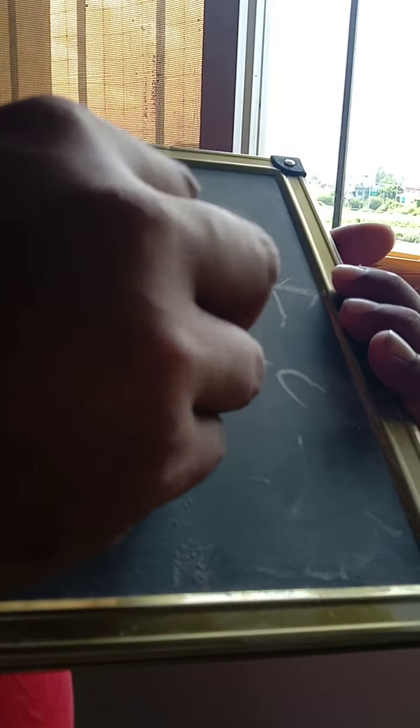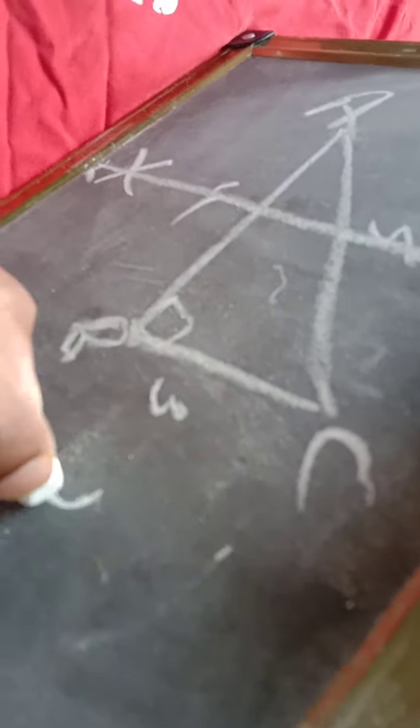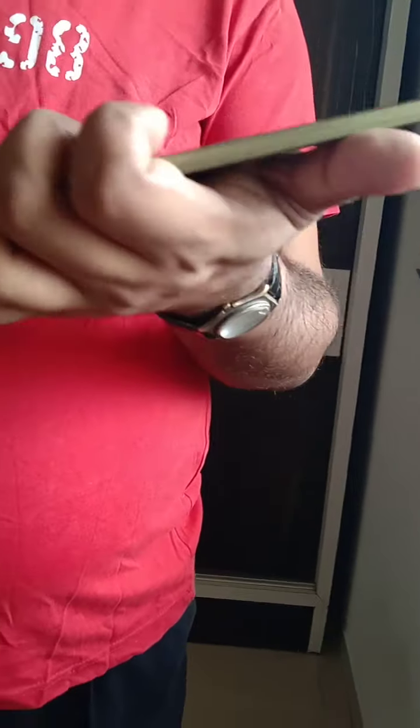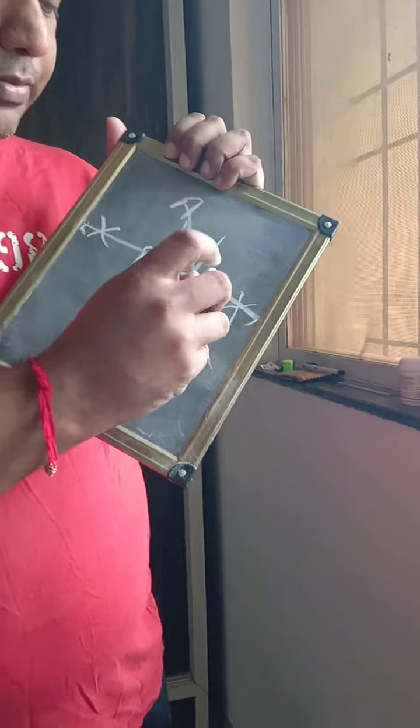These 2 points, I plot these 2 points. Here we bisected line AB, then we bisect BC, then AC.